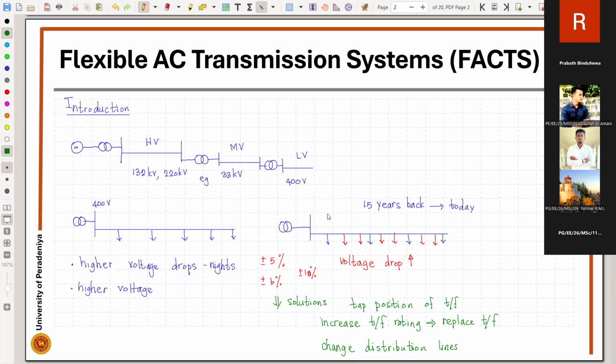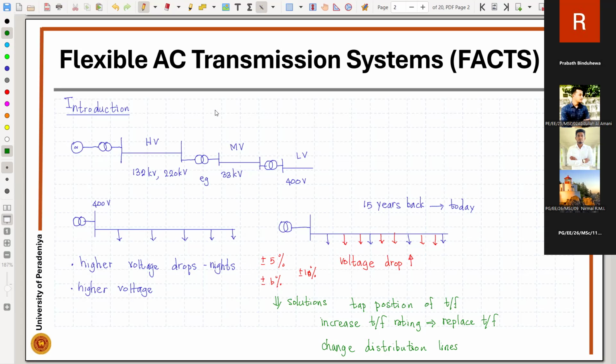So these solutions are attractive, but we need to improve the infrastructure, which can lead to a costly solution. So if we can provide solutions without changing the network configuration, without changing the infrastructure of the network, then it would be good.